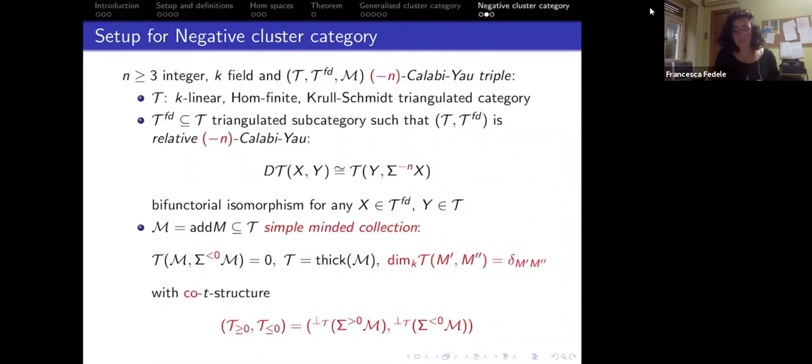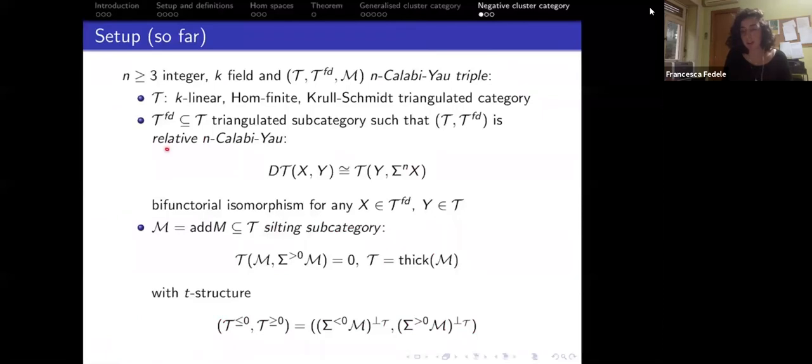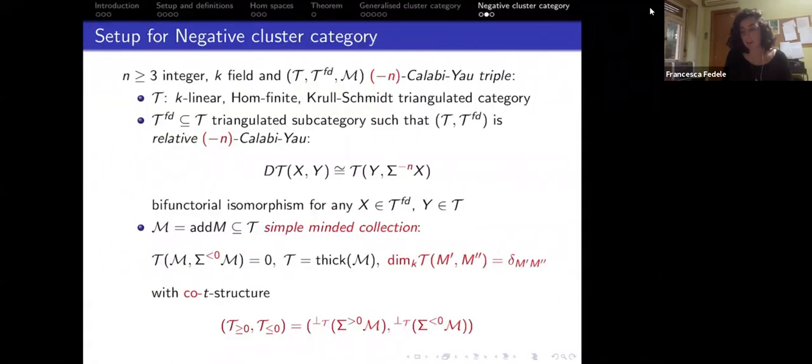The main difference is that we have a negative Calabi-Yau triple instead of a positive one. So we still have a triangulated category with the same conditions as before, and a triangulated subcategory. But now instead of imposing a relative n-Calabi-Yau property, we impose a relative minus n-Calabi-Yau property.